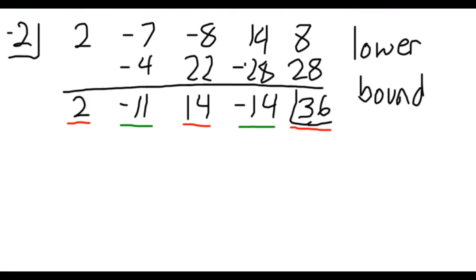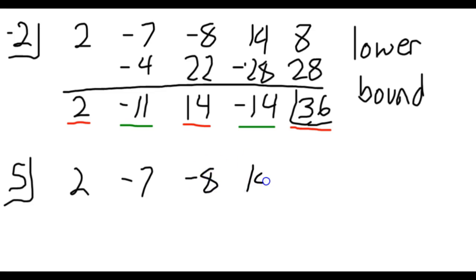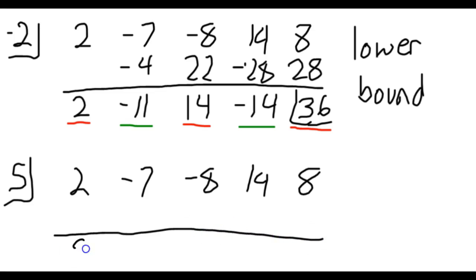Now we're going to check whether or not 5 is an upper bound using the same numbers. So 5 times 2 is 10.